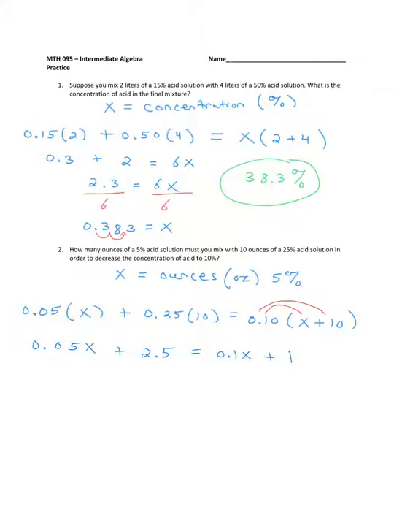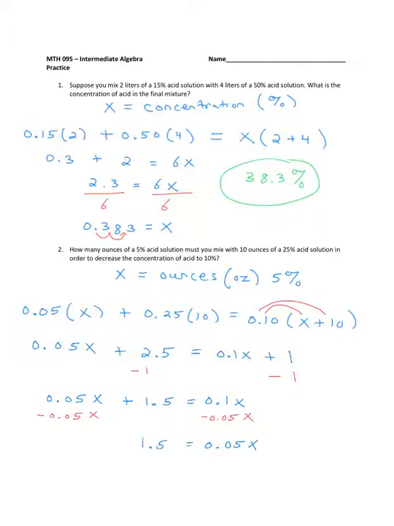Okay, I can't combine any terms, but I think what I'll do is subtract 1 from both sides. This gives me 0.05x plus 1.5 is equal to 0.1x. I will now subtract 0.05x from both sides. And this results in 1.5 is equal to 0.05x.